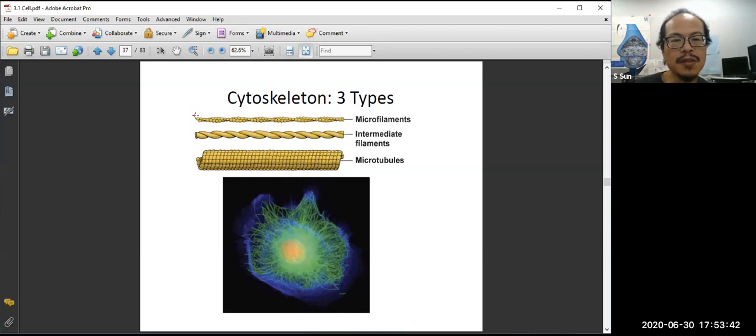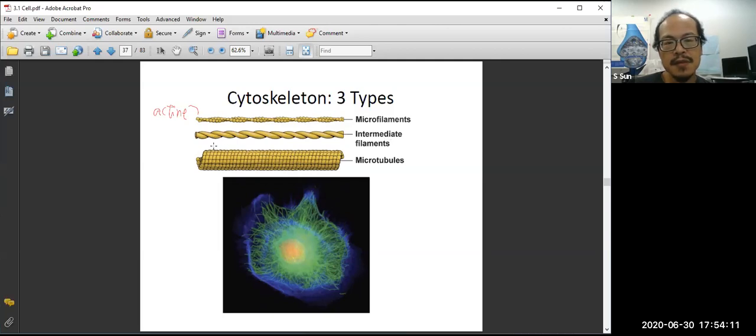Each of these bits is called an actin, so it's composed of the actin protein.